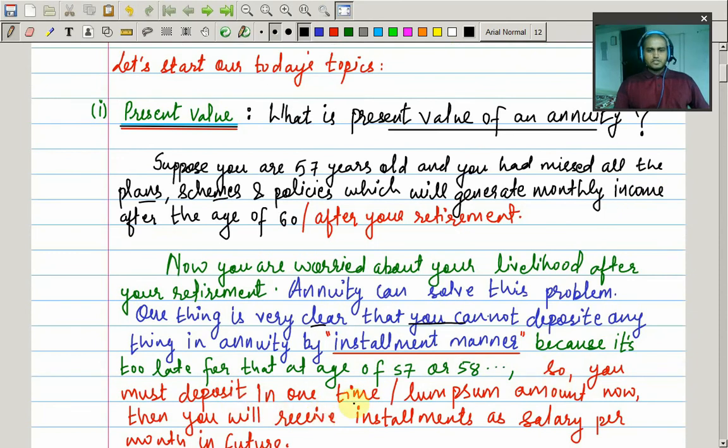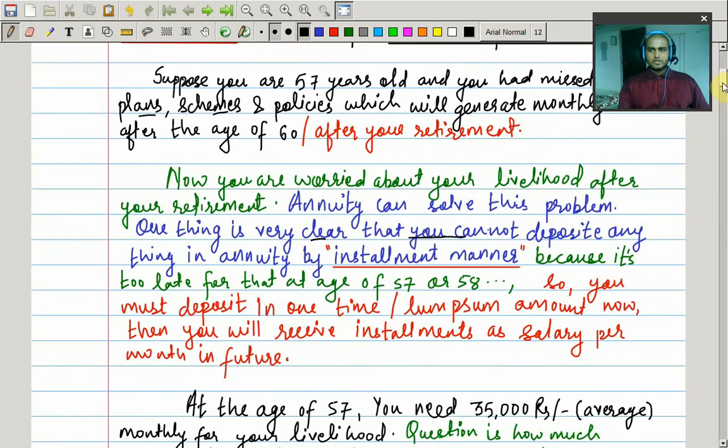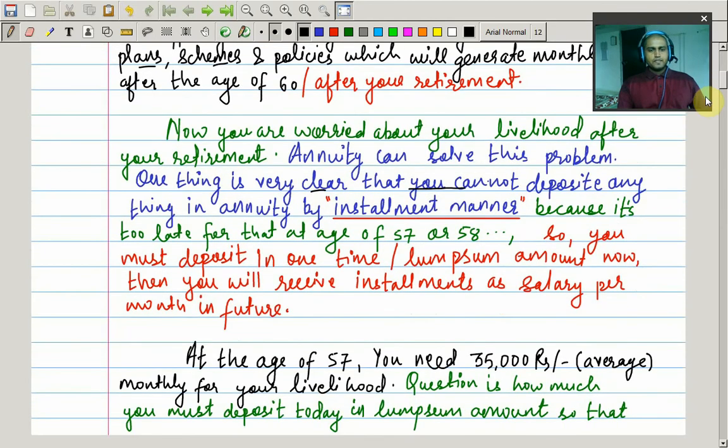So you must deposit in one time or lump sum amount now, then you will receive installments as salary per month in future. So again, it's a part of annuity, and we are trying to understand what we mean by present value of annuity. So we have seen salary in future.